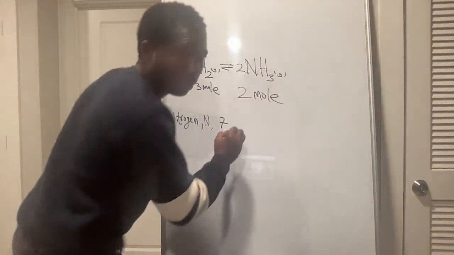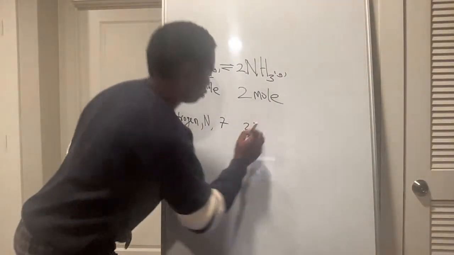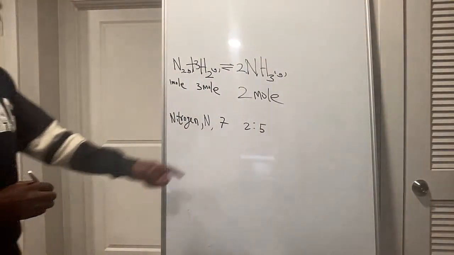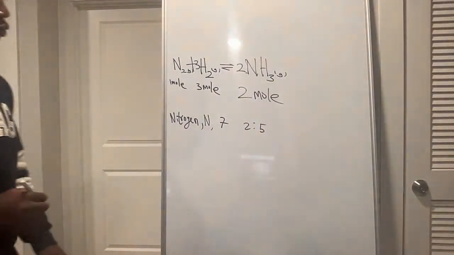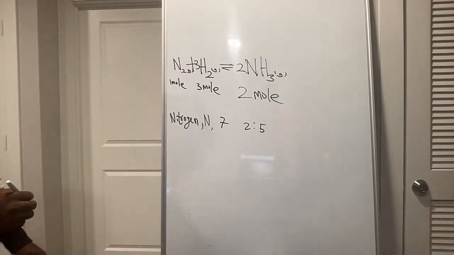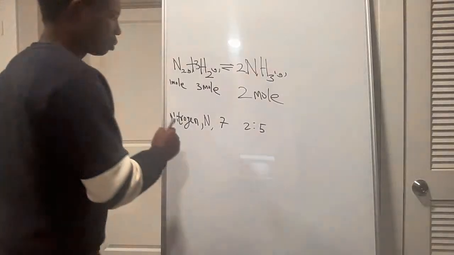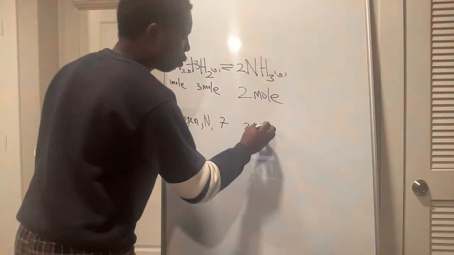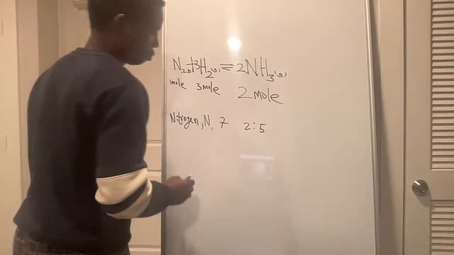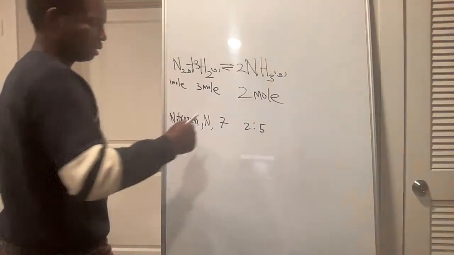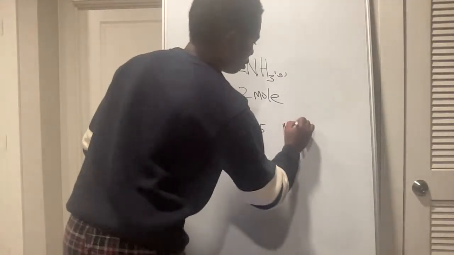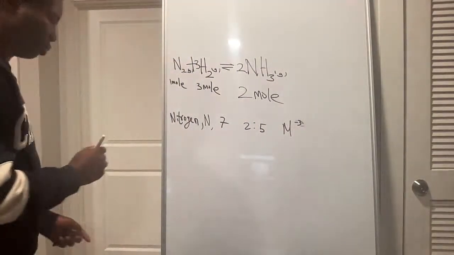So nitrogen will be 2.5. That is why nitrogen says, I am looking for 3 electrons for me to attain an octet state. So you see that's why you see something like -3. Nitrogen borrows 3 electrons.